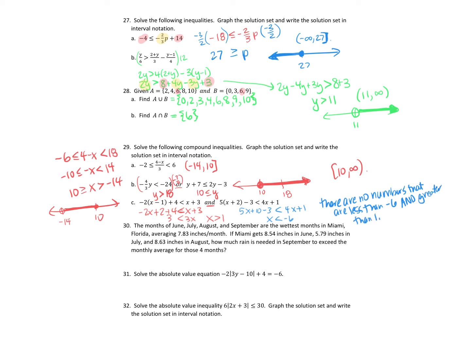It has to fit both of them at the same time. So there are no numbers that do that. So the answer here is the empty set. So the solution set is the empty set. So we'll write it like that. So there are no solutions. So this is the empty set.